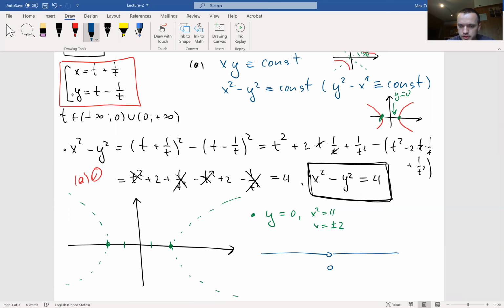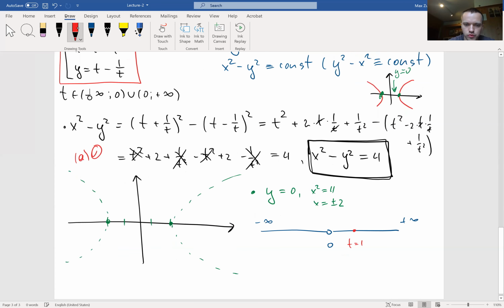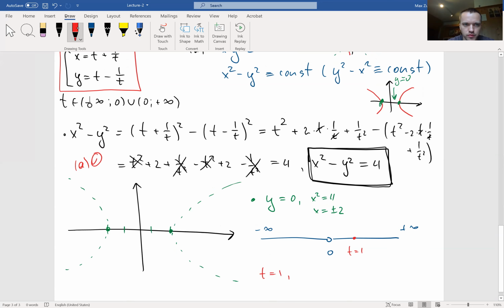So this is 0, this is positive infinity, this is minus infinity. So let's choose some point. Let's choose point t is equal to 1 and see what I'm going to get. When t is equal to 1, I'm going to obtain, so x is going to be equal to 1 plus 1, which is 2, and y is going to be equal 1 minus 1 is 0.